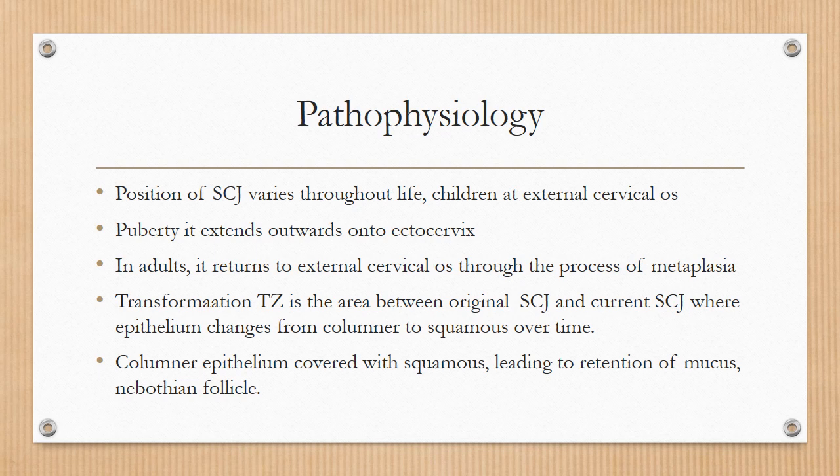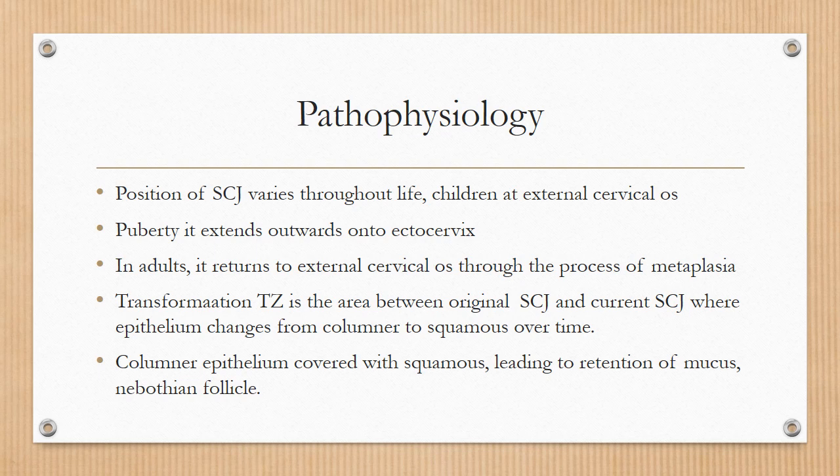In children, it is at the external cervical os, and at puberty it extends outwards to the ectocervix. In adults, it returns to the external cervical os through the process of squamous metaplasia. The transformation zone is the area between the original squamocolumnar junction and the current squamocolumnar junction, where epithelium changes from columnar to squamous over time, and this transformation zone is very important.